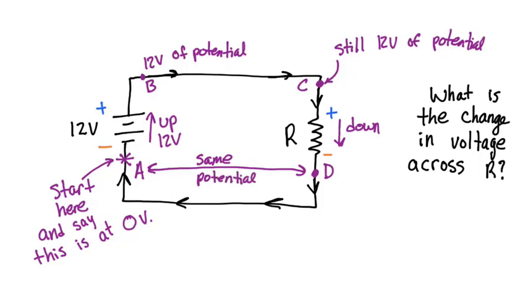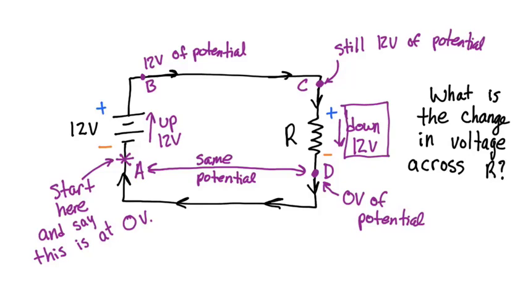This means that the potential at point D is 0 volts. So, the voltage change from C to D is to go down 12 volts. So we say the voltage change for resistor R is negative 12 volts.